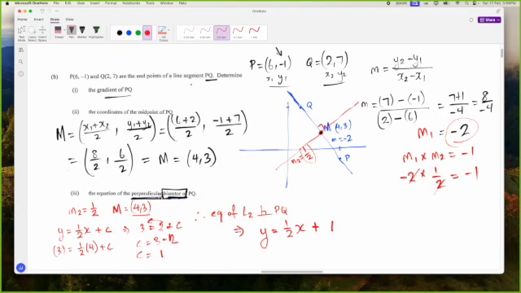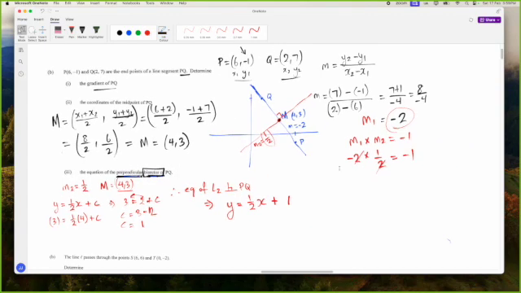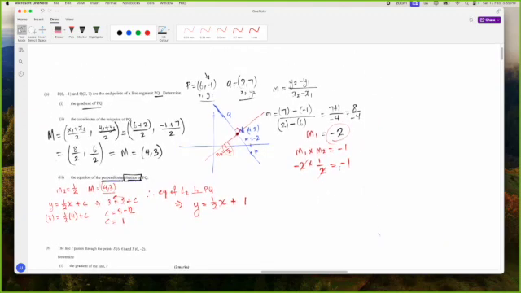Now, it's just one rule that we used here: when two lines are perpendicular, when you multiply their gradients, you are supposed to get minus 1. Do you understand that? So the gradient of the blue line is minus 2, and if I multiply the gradient of the blue line and the red line, I'm supposed to get minus 1 because they're perpendicular.